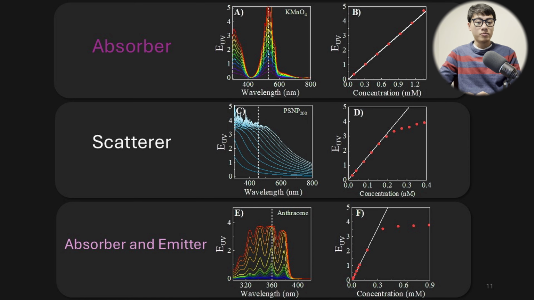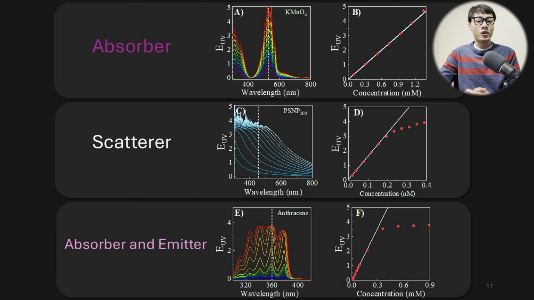The second column shows how extinction varies with concentration at a selected wavelength for each corresponding system. Figure B for potassium permanganate shows a nearly perfect linear relationship, just as predicted by the Beer-Lambert law. But in contrast, Figure D for polystyrene nanoparticles shows an initial linear trend that deviates at higher concentration.